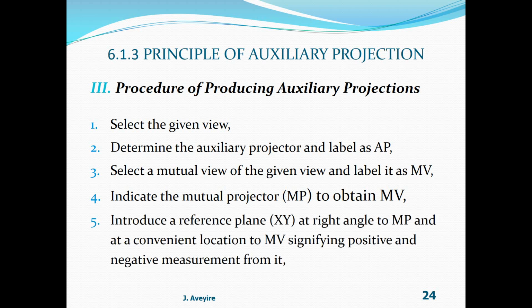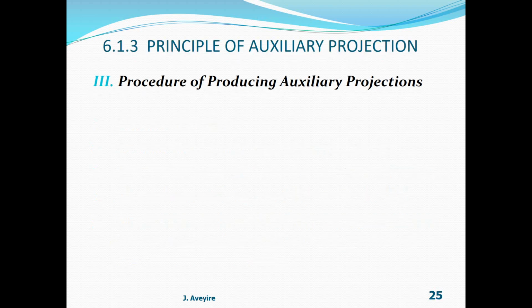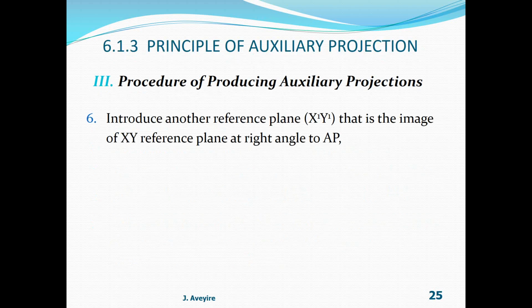Introduce a reference plane XY at right angles to MP and at a convenient location with respect to MV, which will enable us to determine positive and negative measurements from that reference plane. Step 6. Introduce another reference plane, X1Y1, that is the image of XY reference plane, at right angles to AP.